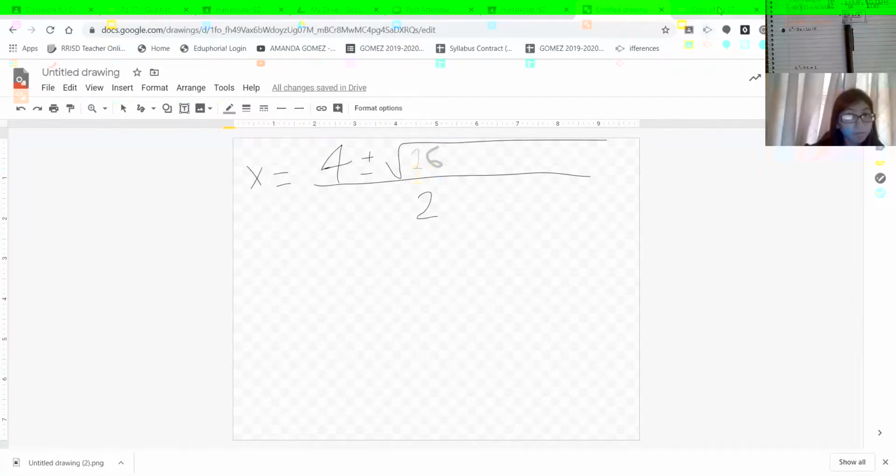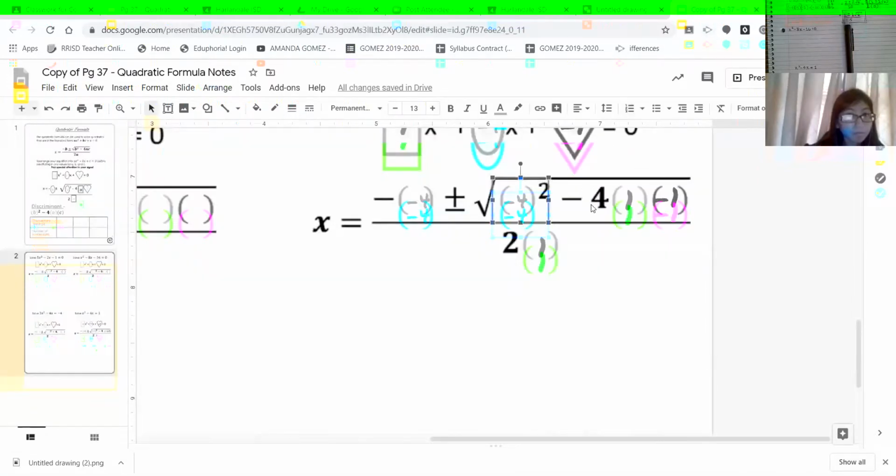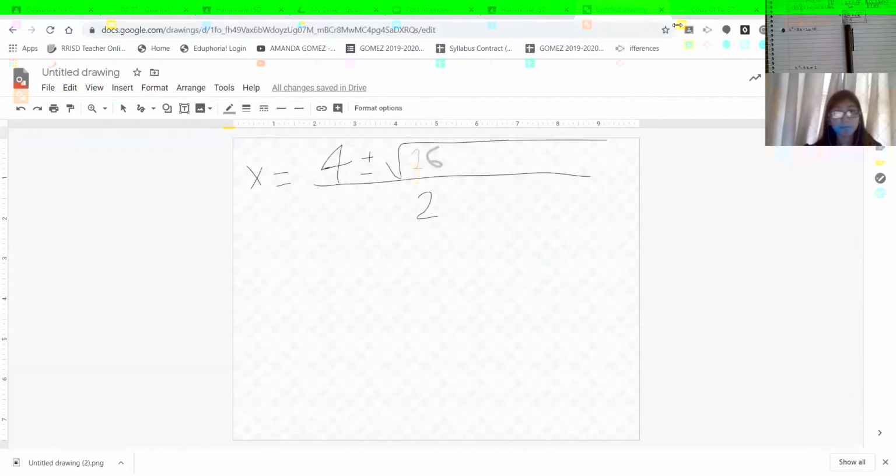Now, the thing is, I have -4 times 1, which is? Which is -4. So what's -4 times -1? Positive 4. And that's what we're going to write here. Plus 4. So in that case, my discriminant is 16 plus 4, which is equal to? 20. Positive 20. Yeah, let's go ahead and rewrite that then.